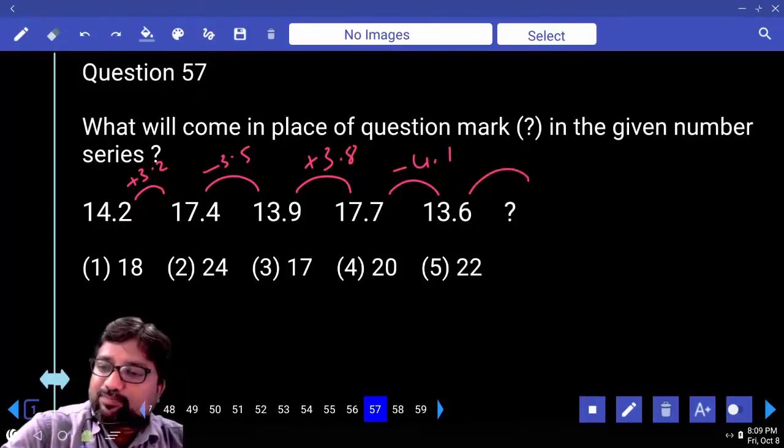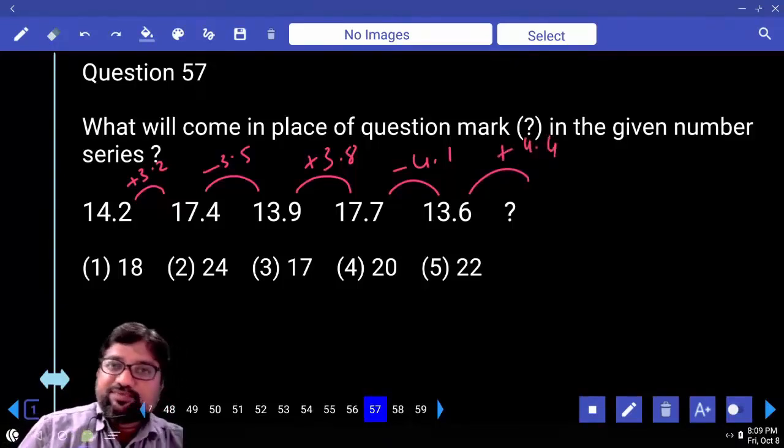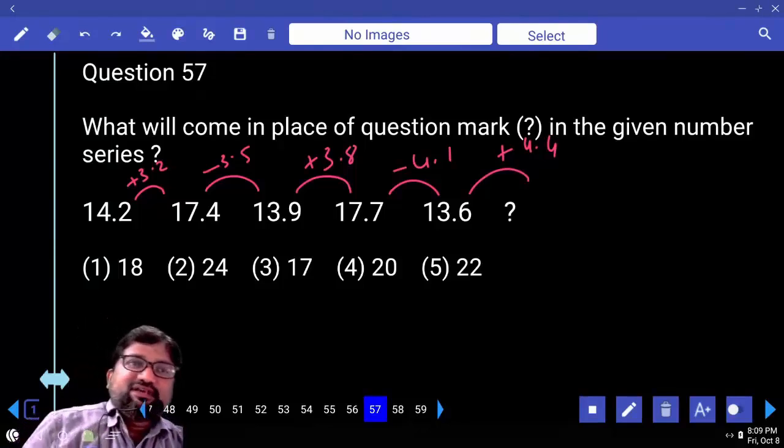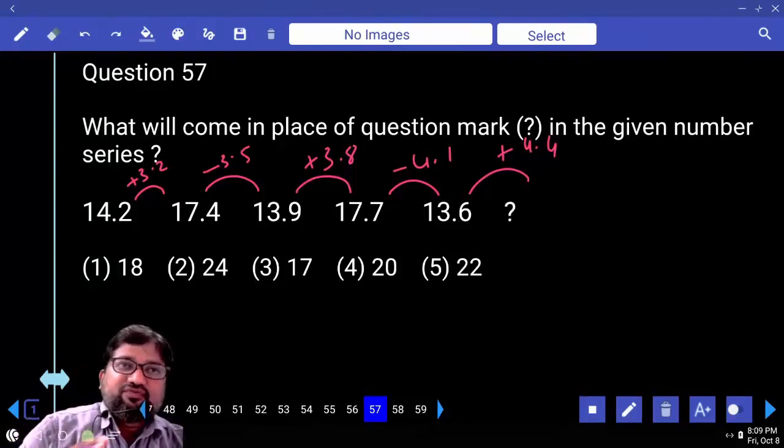What should be my next number? Plus 4.4. Plus 4.4 will be your answer. Is this clear? So when there is a gradual increase, go for differences. That is the best one.